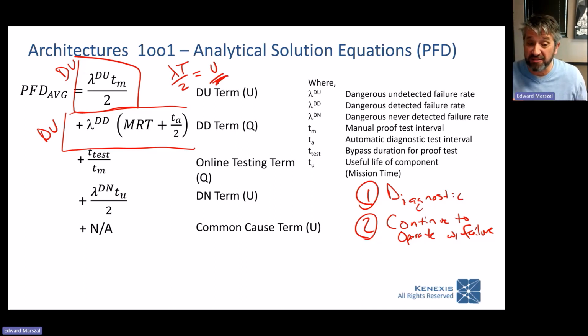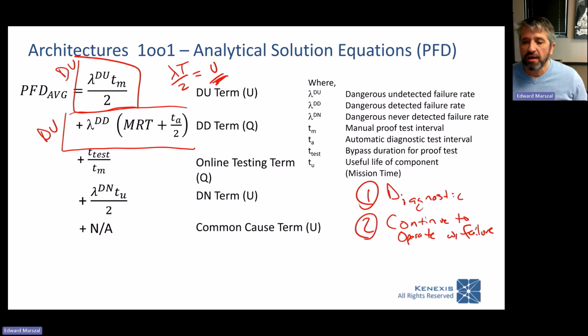And I'm going to basically assume that I can send a technician out there to repair the device before it gets challenged. Now, there are other clauses in the standard that are going to require you to use other compensating measures to replace the failed component with a human being or something else in that time period. But mathematically speaking, we're assuming that for the time duration it takes to repair that device, the safety function is not going to work.